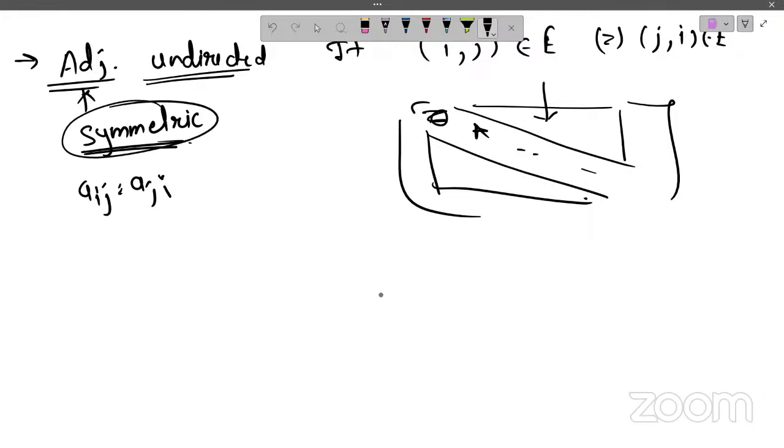The diagonal entries of an adjacency matrix are always zero because we never consider loops.